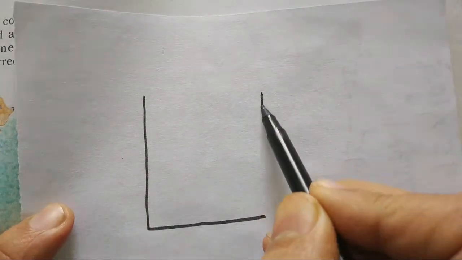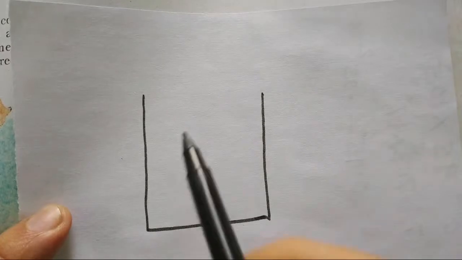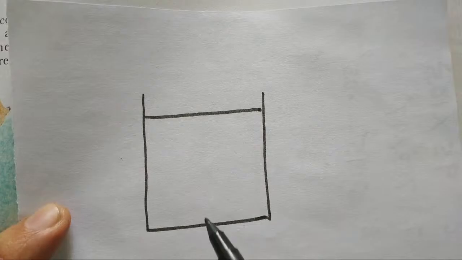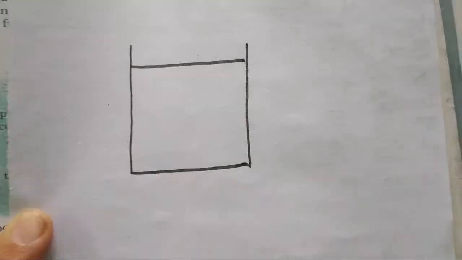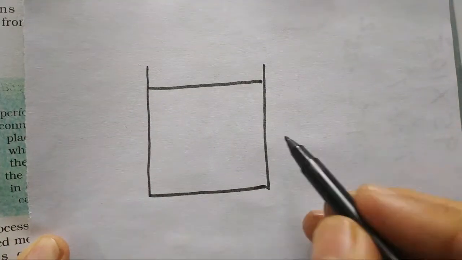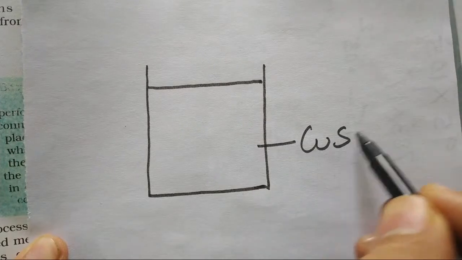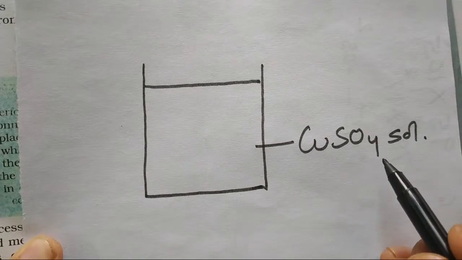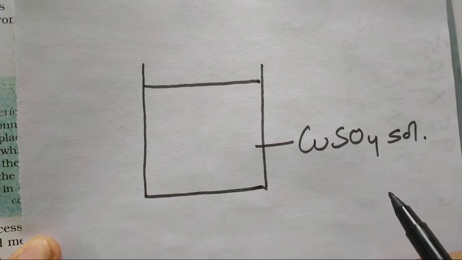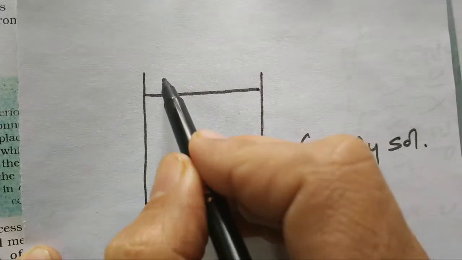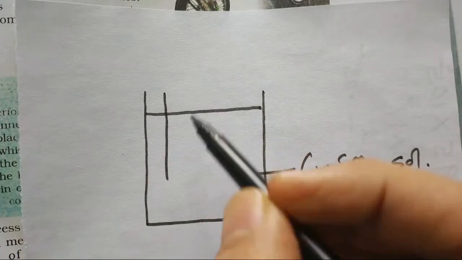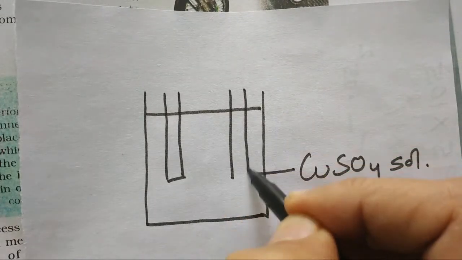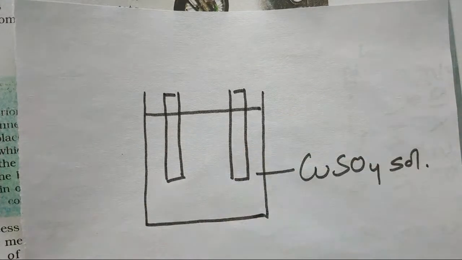Whenever we use the chemical effect of current, we use a container and a liquid. This container is glass and it is filled with a liquid. What is the liquid? It is copper sulfate solution, which has some acid in it. Then there are two rods put inside, and both the rods are copper rods.